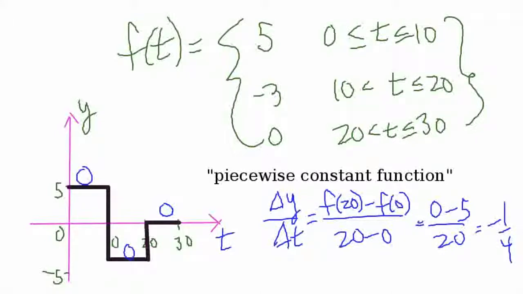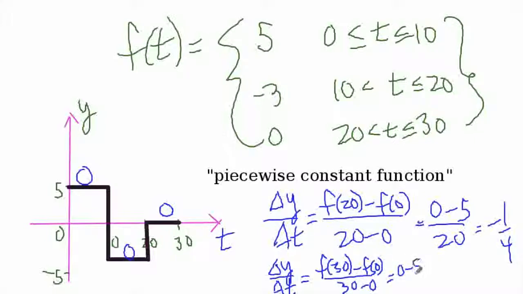Then we could do something similar for 0 to 30: f of 30 minus f of 0, over 30 minus 0. So 0 minus 5 over 30 gives minus a sixth.